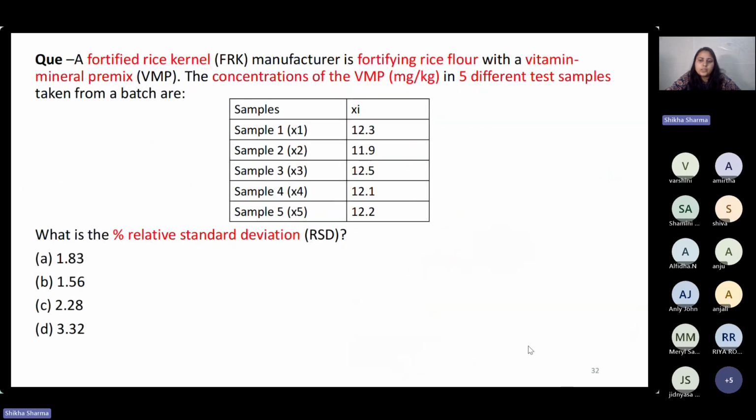Let's solve this question. A fortified rice kernel manufacturer is fortifying rice flour with vitamin mineral premixes, VMP. The concentration of this VMP in mg per kg in 5 different test samples taken from a batch is given here.